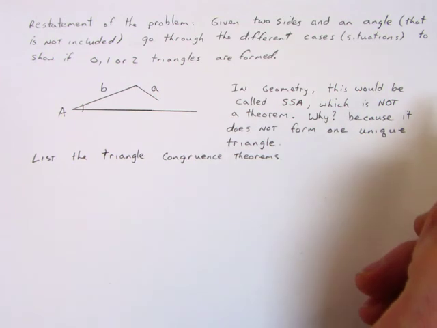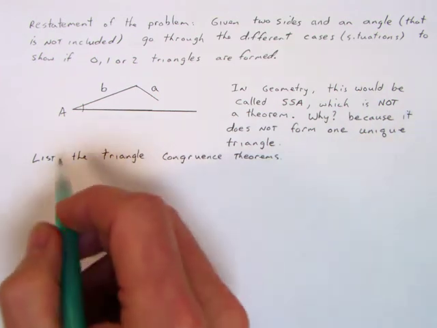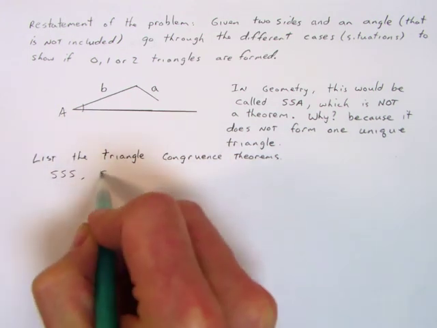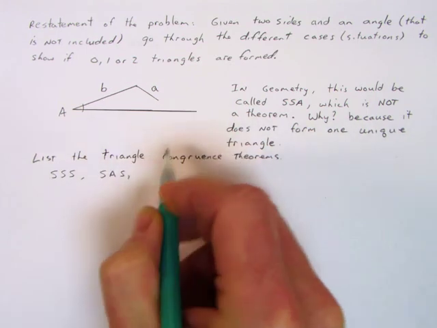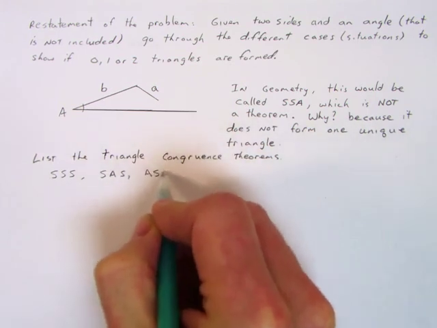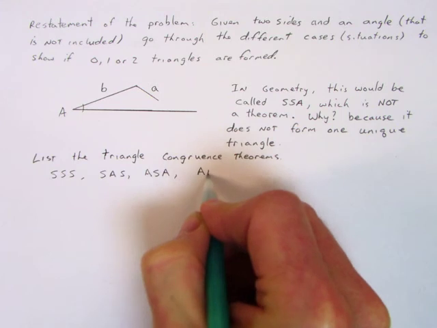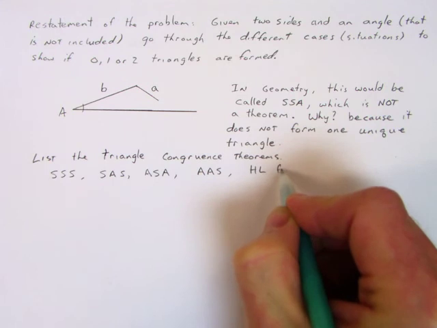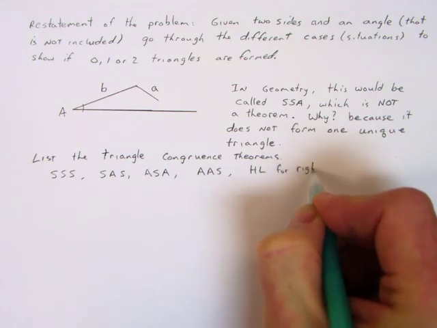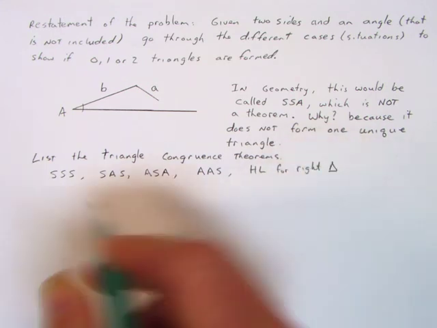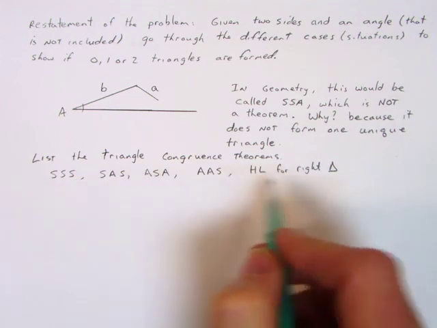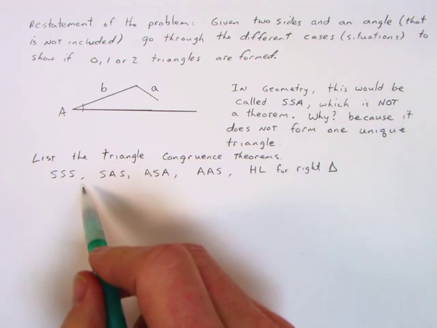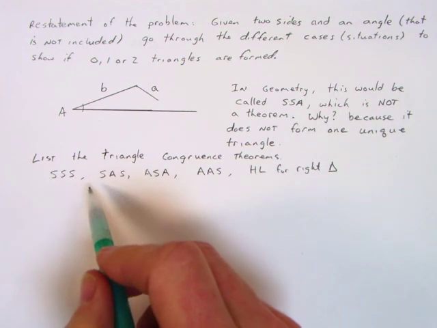Let's review for a second the triangle congruence theorems. We have side-side-side, side-angle-side, angle-side-angle, angle-angle-side, and HL for a right triangle. Now all of these have three pieces of information, HL being hypotenuse-leg for the right triangle, and these all form one unique triangle.